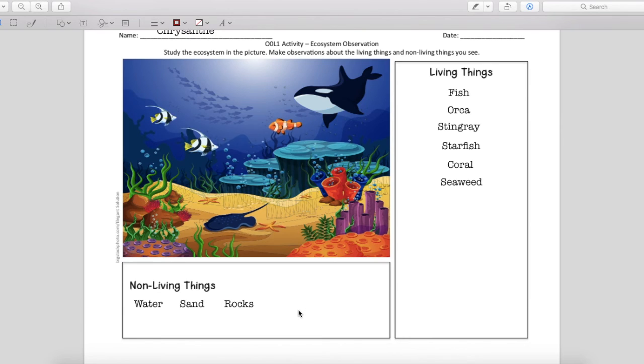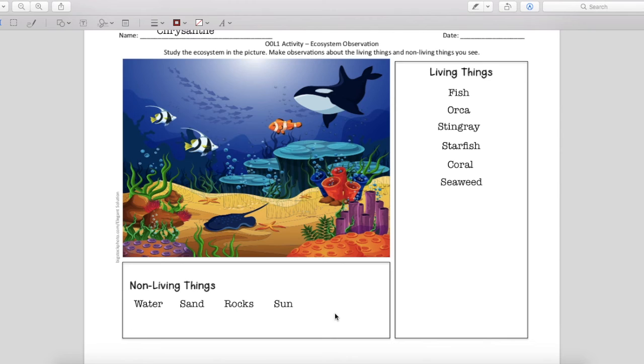What else do we see? I noticed the sun is all the way up at the top of this picture. It's not really a clear view of the sun, but we still know that the sun is there and there's sunlight coming down on all of the animals. So I'll add sun right there. What's another non-living thing that we are missing?